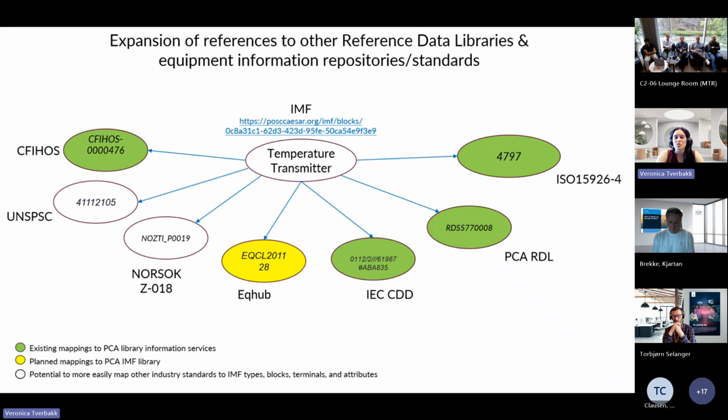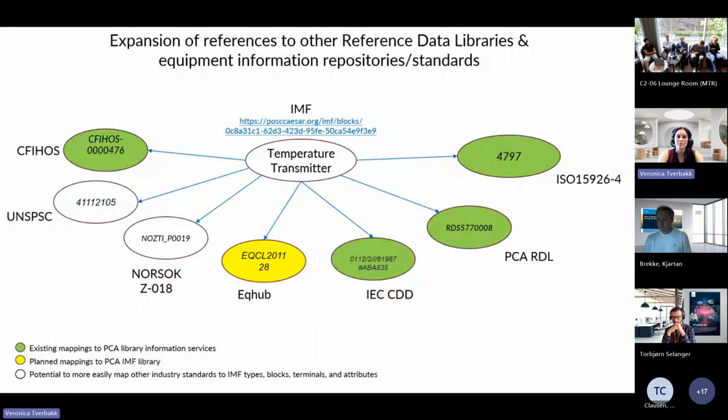So for example, here we have a temperature transmitter, but you could also see how it's described according to SHIFOS, according to the Common Data Dictionary, according to PCA's reference data library, and potentially to IDO. Currently, we in DISC are working on expanding the mapping to EQ Hub for the product aspect, but we can have many other references to other data libraries, repositories, and standards over time.